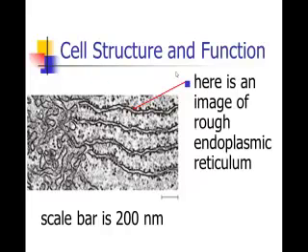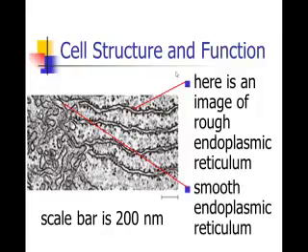So here's a photomicrograph of the rough endoplasmic reticulum and the smooth endoplasmic reticulum. You can see these little granules, or little particles, attached to the endoplasmic reticulum. Those are the ribosomes. And you see with the smooth endoplasmic reticulum, there are no ribosomes.